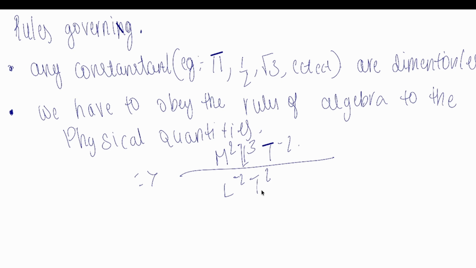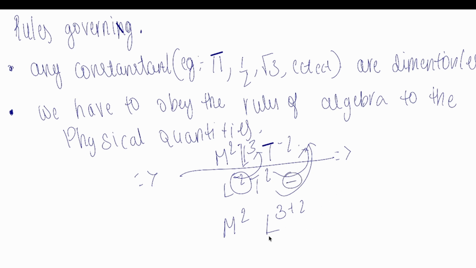If I have to simplify to write the complete dimensional formula, I have to shift it to the numerator. So it converts to M power 2 L power 3 plus 2. If I shift the negative, it turns into positive. If I shift the positive, it turns into negative.